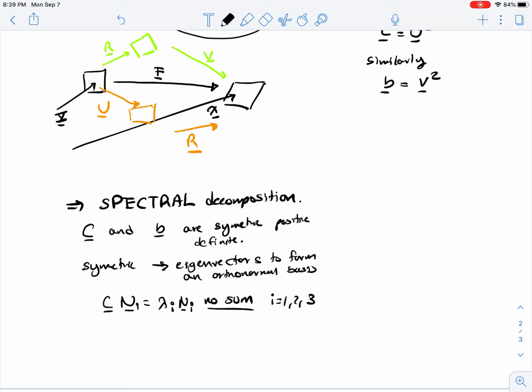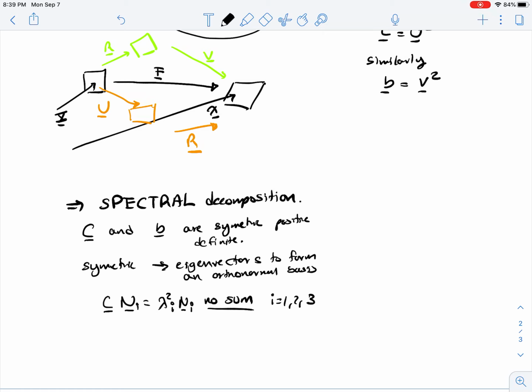In this case, no summation convention, but I have 3 of these, so i equals 1, 2, or 3. These are the 3 eigenvalues and eigenvectors of C. And because it's symmetric, I can choose the eigenvectors to be orthonormal to each other.